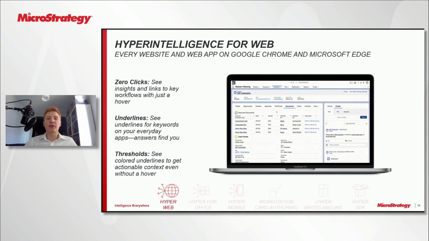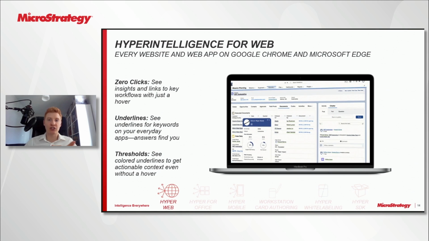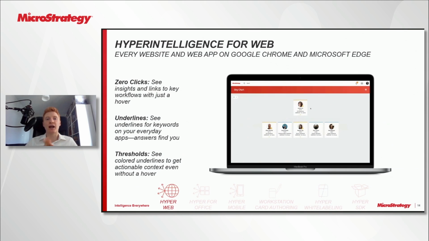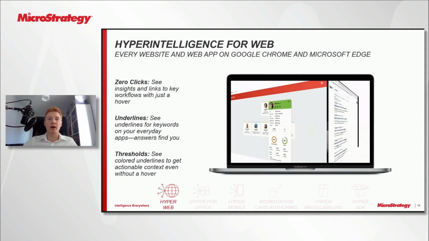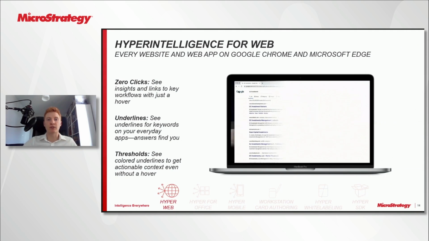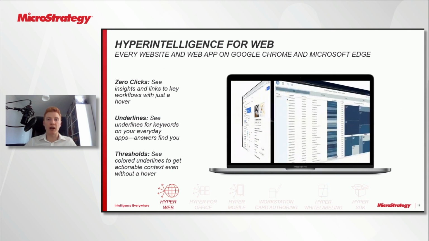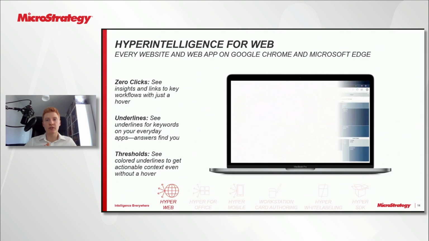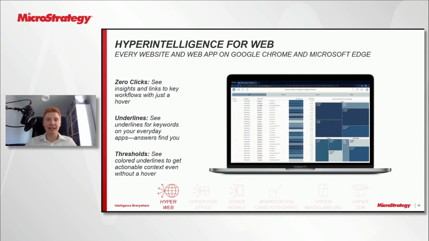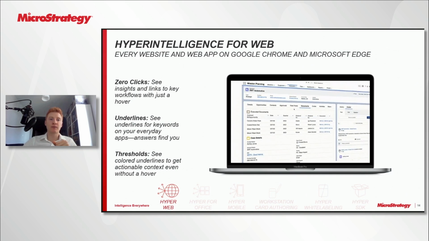Let's start with HyperIntelligence for Web, which is a Chrome extension or an Edge add-in that allows you to display HyperIntelligence cards on every website and web application that you go to whenever you're browsing using your browser of choice. It requires 0-click, which means that you can just hover over underlined keywords or numbers to see insight and click into contextual linking to key workflows.